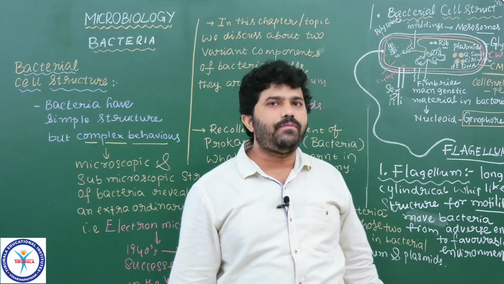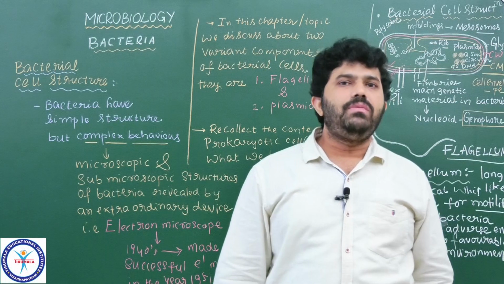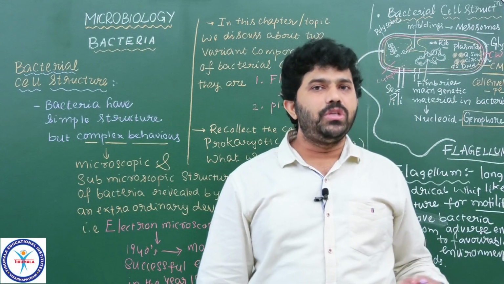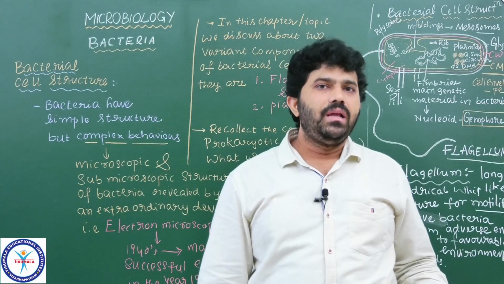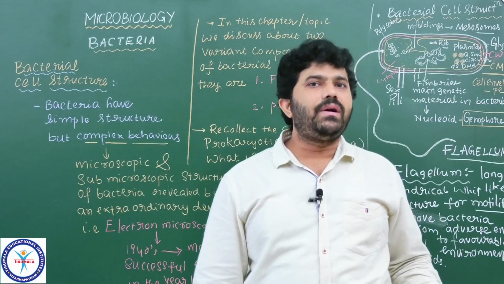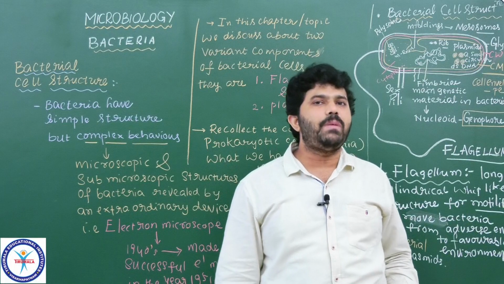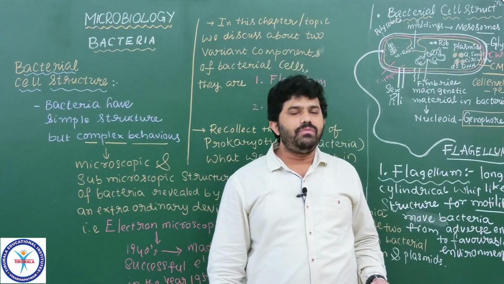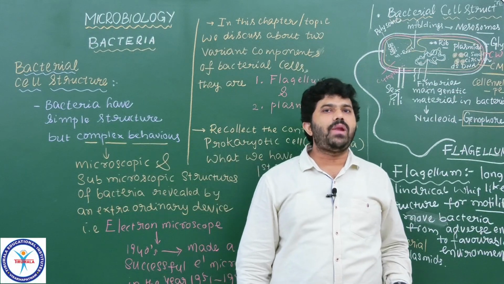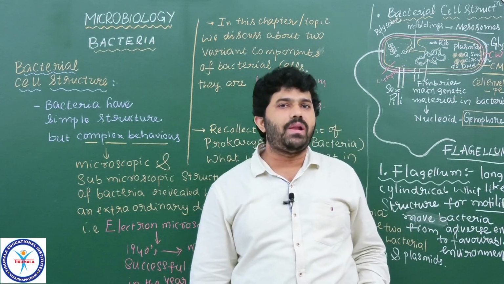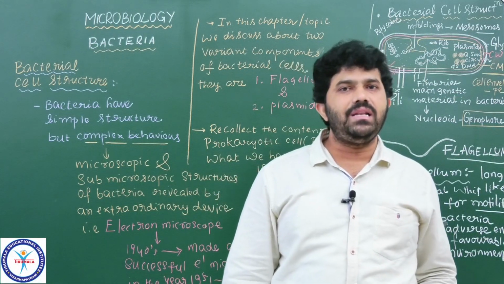Whatever the flagellum number we see, based on that and the position of the flagellum, which gives the right and appropriate feature for locomotion, we divide bacteria into some more types. Now we will discuss all the types of bacteria based on the number and arrangement of flagella on the bacterial cell structure.